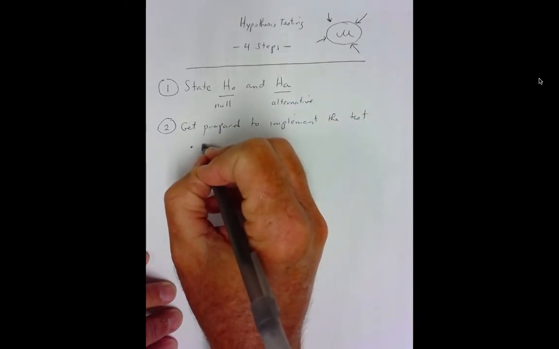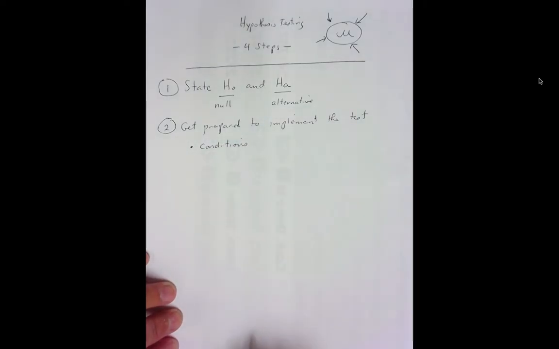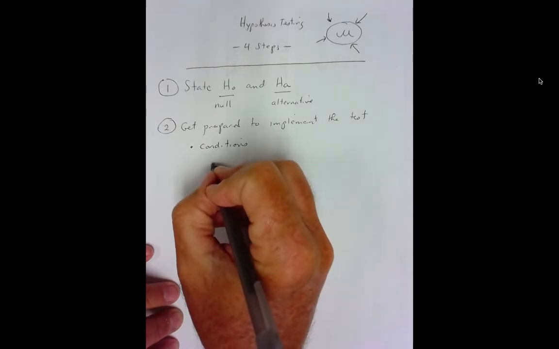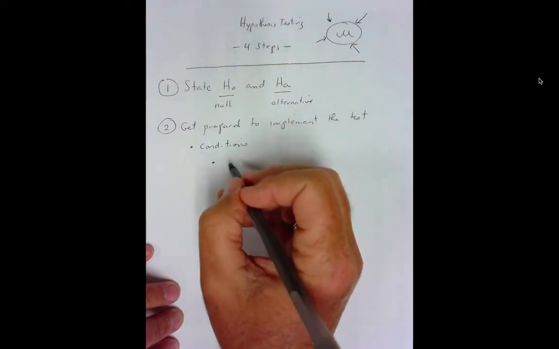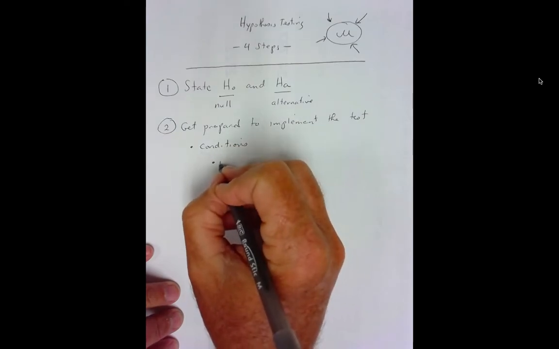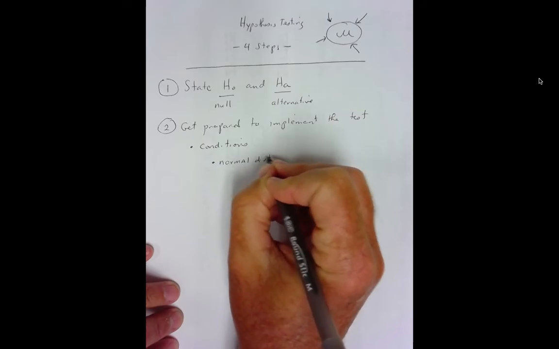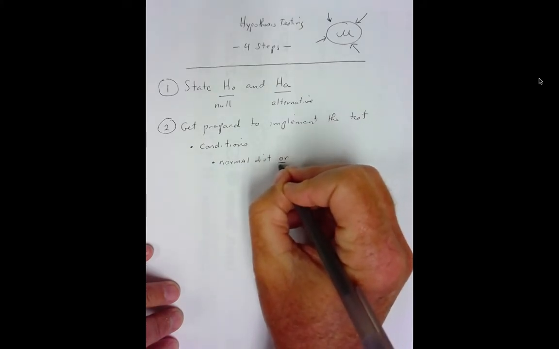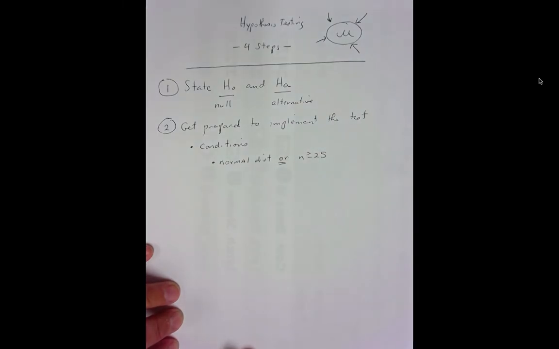Well, the first thing we do is we check our conditions. The conditions for a test of hypothesis, again for a population mean, is we need a normal distribution or a sample size of 25 or more.